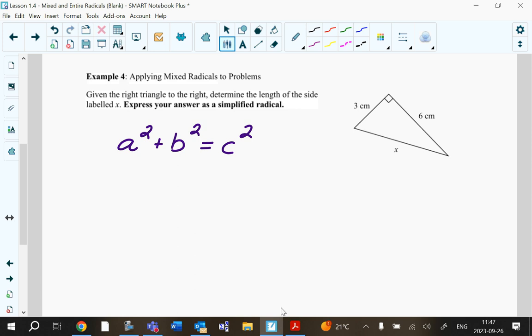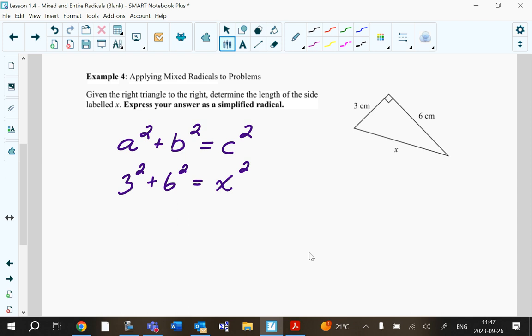The legs. So A and B represent the legs. Longest side represents the hypotenuse. So, do I know both legs? Yes, so I'm going to put 3 squared plus 6 squared. Doesn't matter if I put 6 squared plus 3 squared, gives me the same thing. Instead of C, though, I'm told that the third side, the hypotenuse, is X.